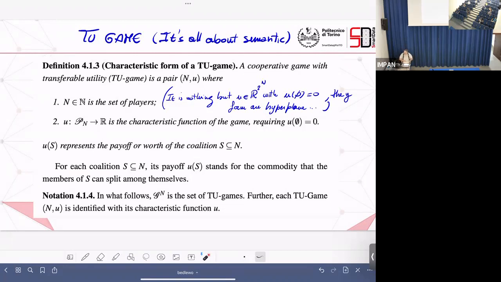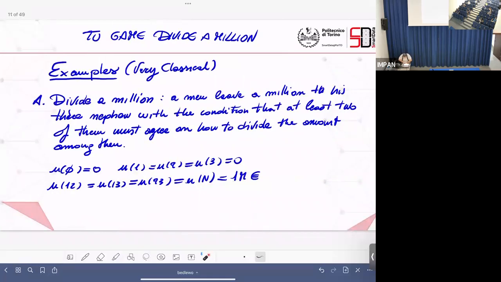This is the concept. It's something that is very old, at the very beginning of game theory, things made by von Neumann, Morgenstern, and Shapley. So I give you a couple of examples because I do not assume in this environment all the people know this thing, that it's not complicated.